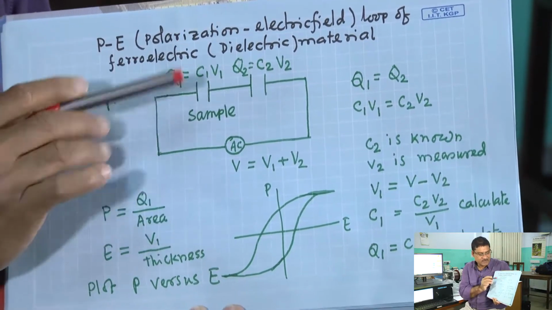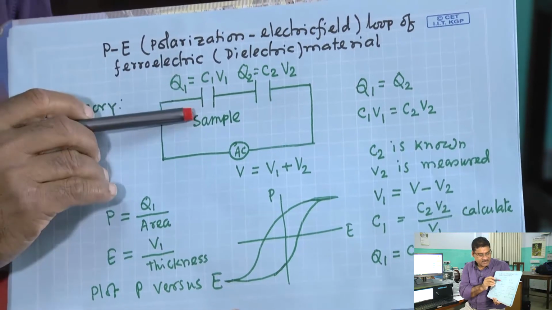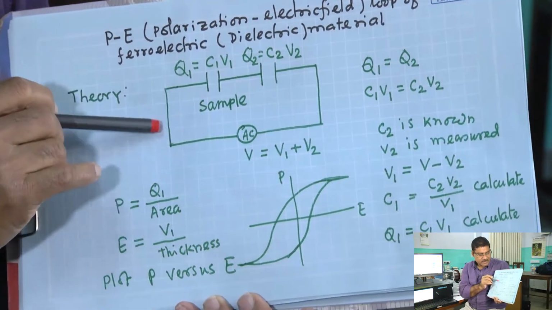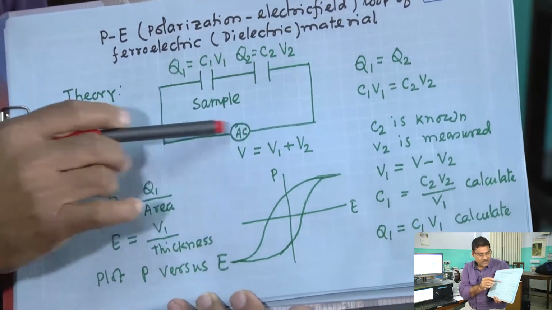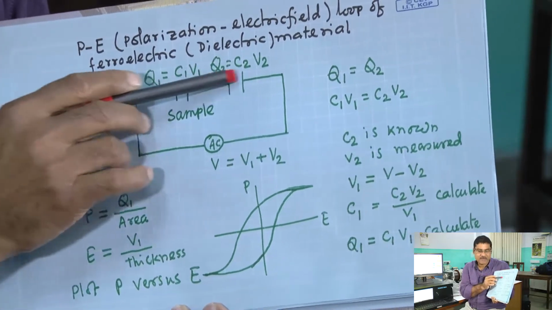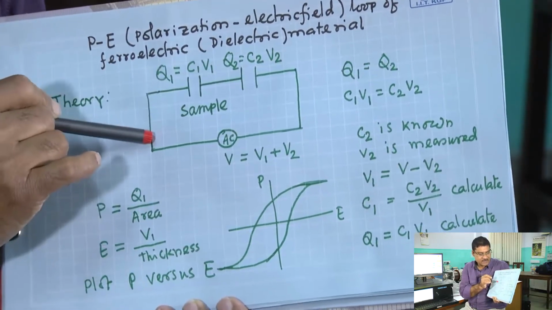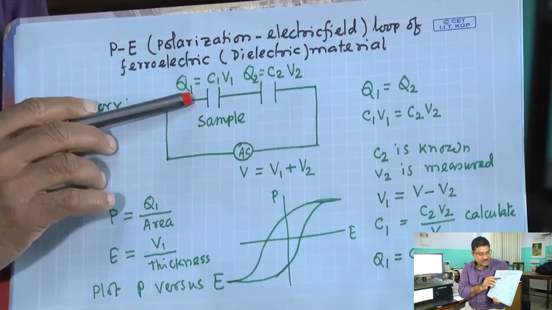Similarly, for capacitors in series, the charge will be the same in the circuit, but the voltage drops will be different.